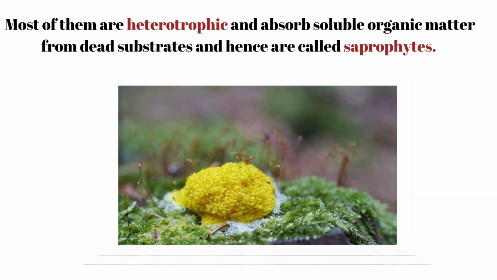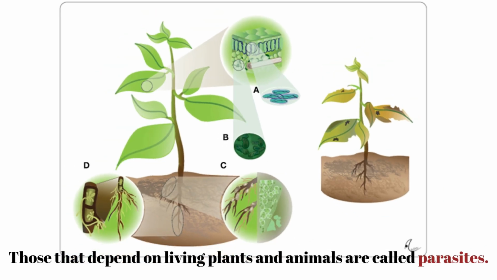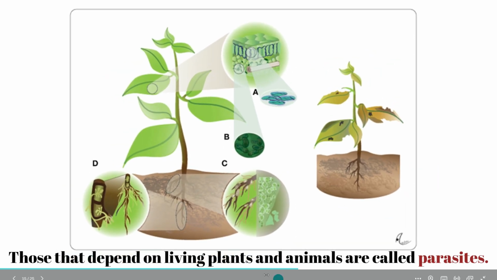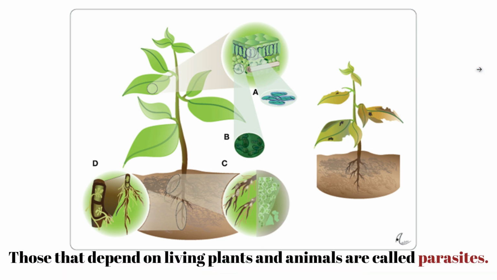Most of them are heterotrophic in nature and absorb soluble organic material from dead substrate, and hence they are called saprophytes. And some depend on living organisms such as plants and animals, and they are called parasites.